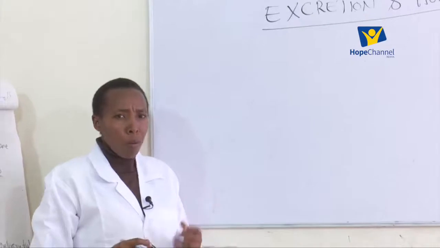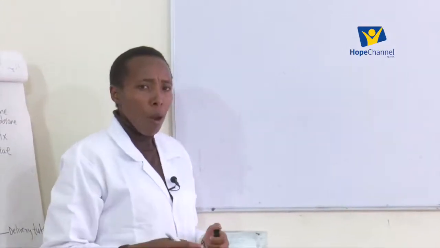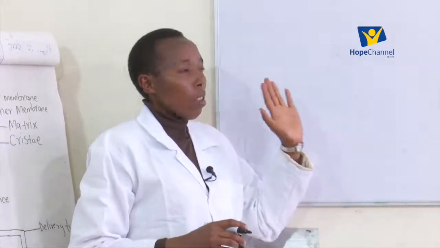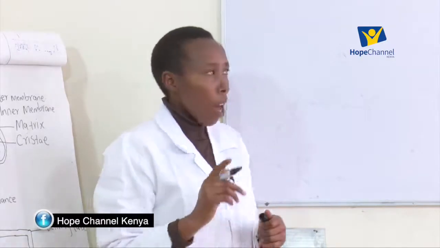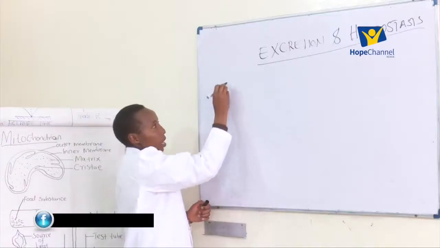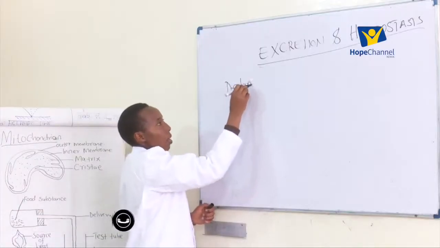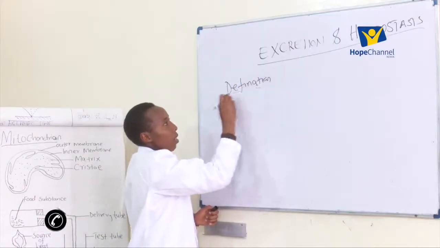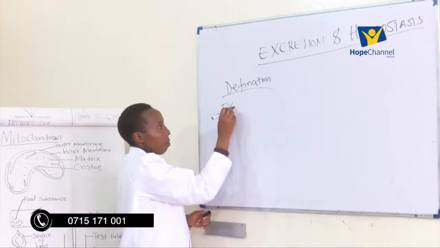Now, when we talk about excretion, of course, when we were giving the introduction, we said excretion is a process whereby living organisms separate and eliminate the waste products that are formed during metabolic processes. I'm going to repeat the definition. What do we mean by, number one, excretion?